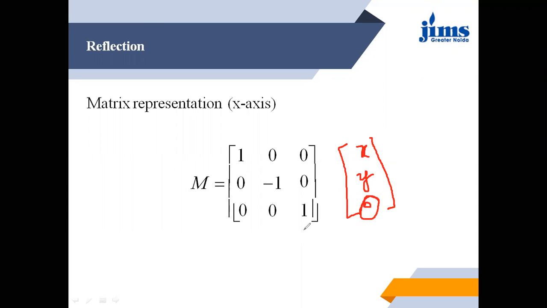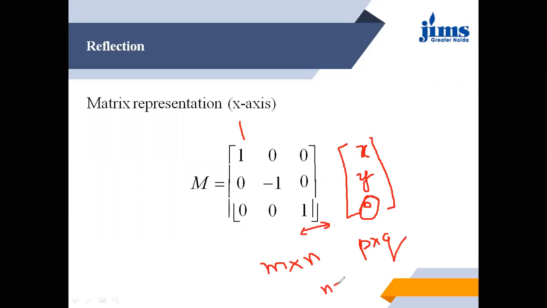Because when we have to multiply these two matrices, the number of columns in the first must match the number of rows in the second. Suppose this is an n into n matrix, and the second one is a p into q matrix, then n should be equal to p.